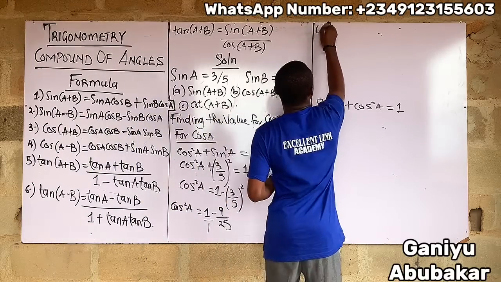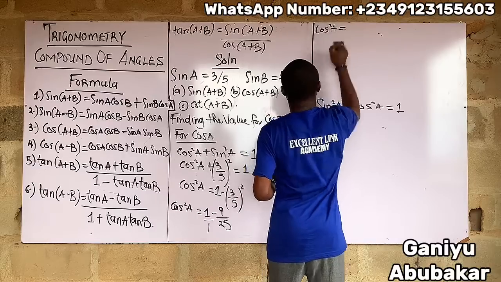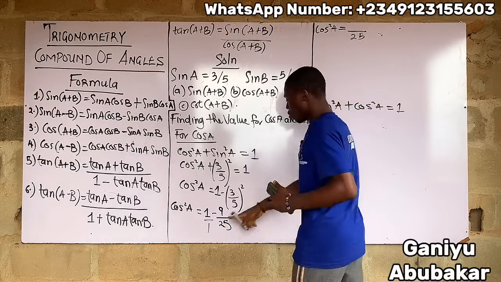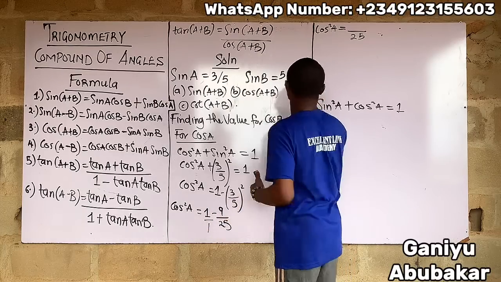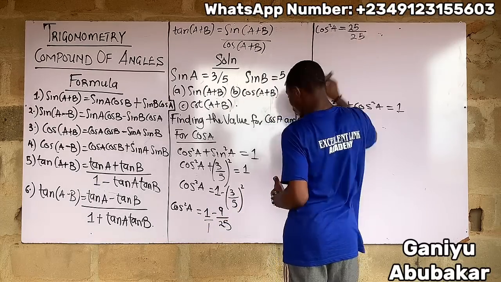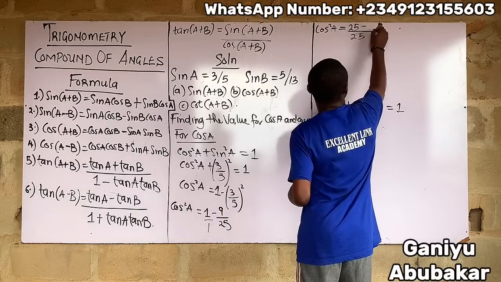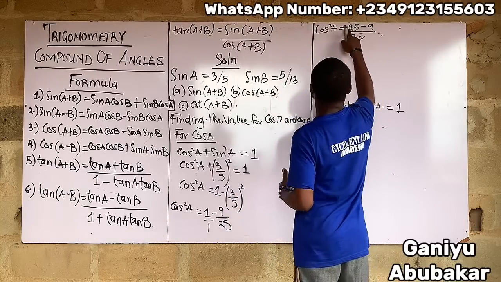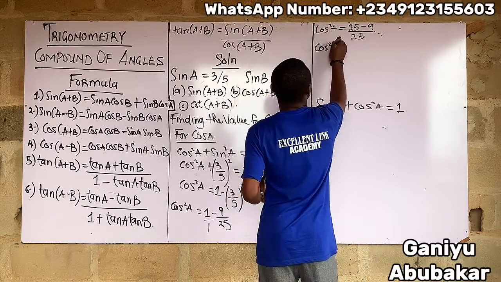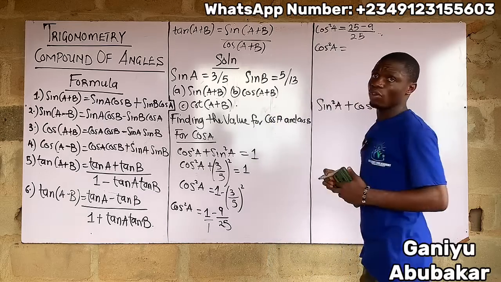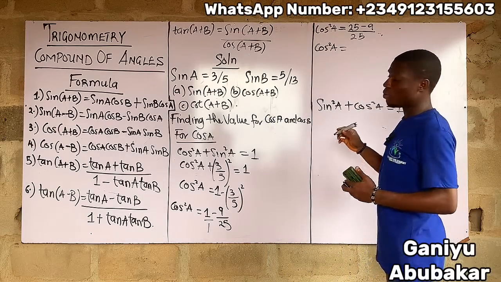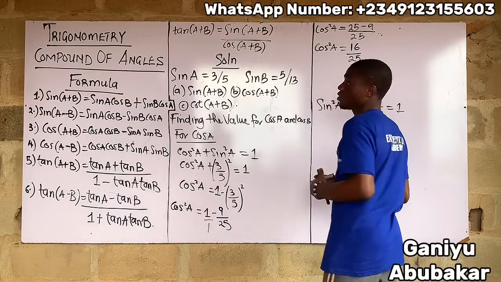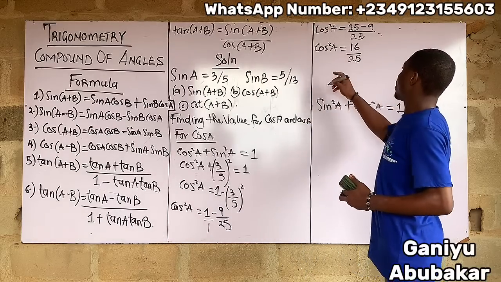Cos squared A is equal to 16 over 25. Am I correct?